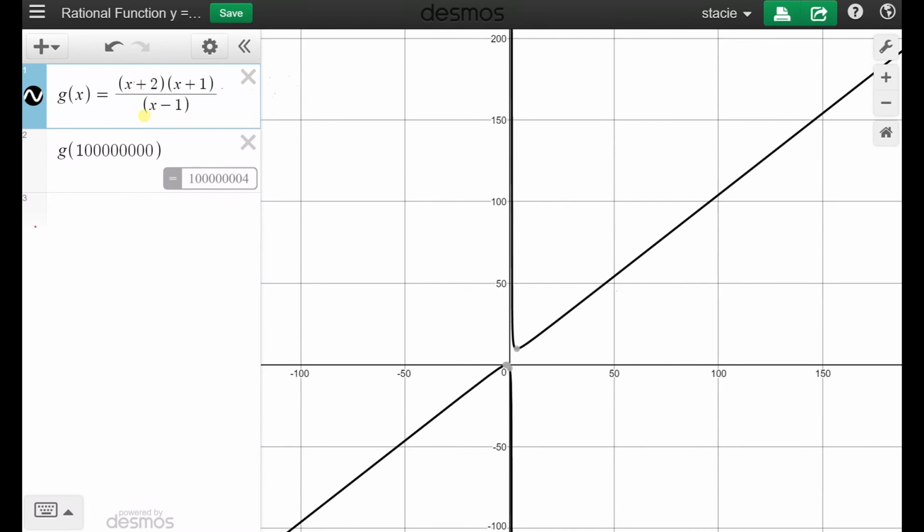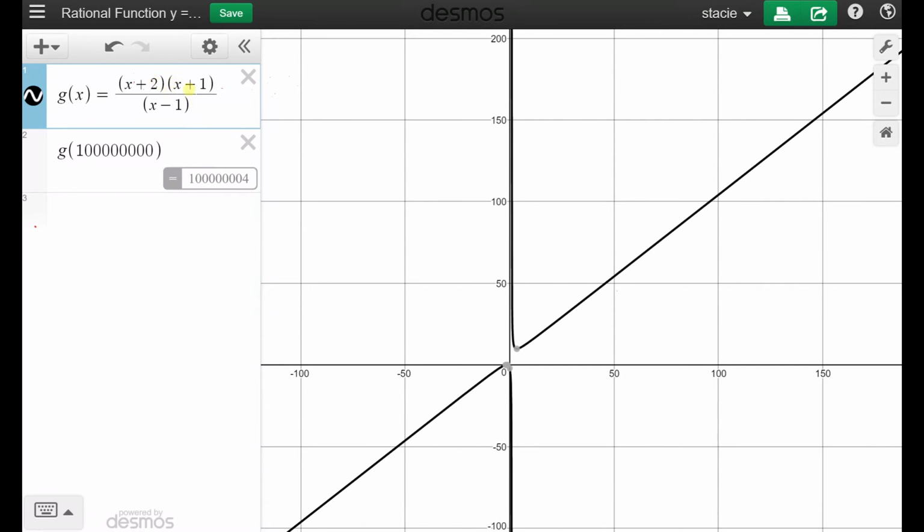And it eventually has more of a linear behavior. So the oblique asymptote is not a horizontal asymptote, it goes off like a linear function that's not horizontal. Okay? And an oblique asymptote happens when the degree of the numerator is bigger than the degree of the denominator.